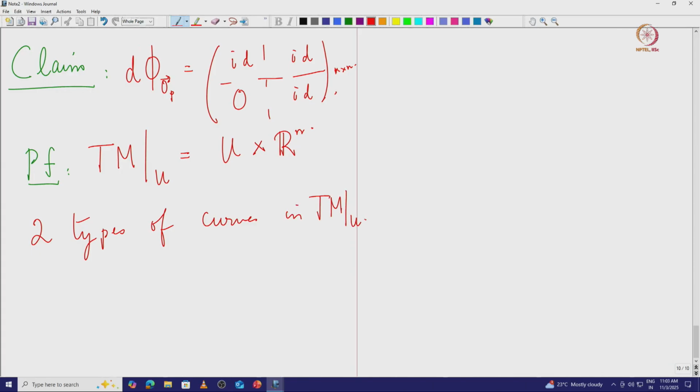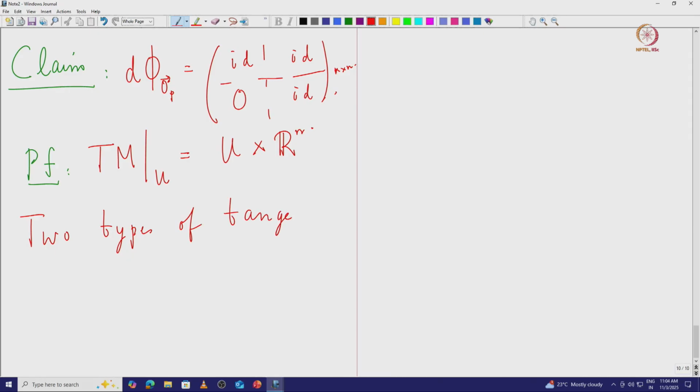Okay, which will give this sort of block diagonal form. So firstly, one can take a curve. Rather, I should say that there are two types of tangent vectors in the tangent space to the tangent bundle.